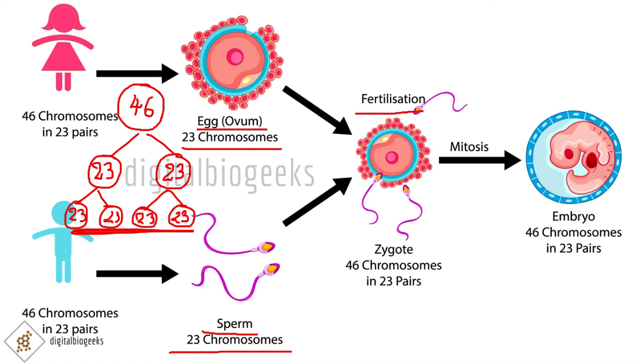The egg and sperm fuse together. That means 23 plus 23, and the offspring which is produced as a result has 46 chromosomes. This is the reason we get the characters from both our parents, from our mother and father.